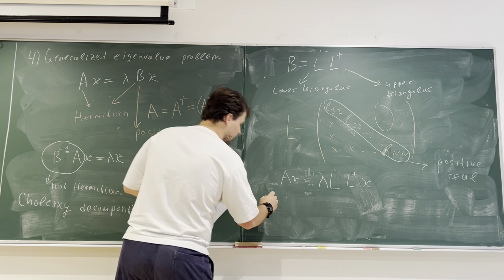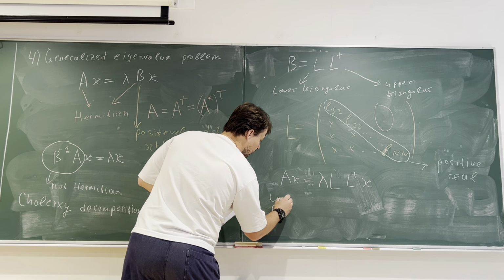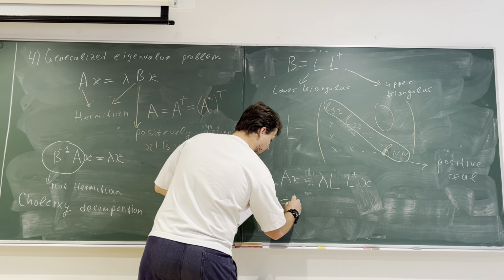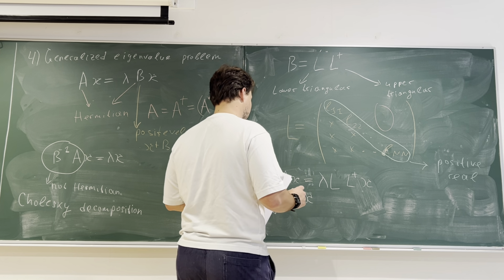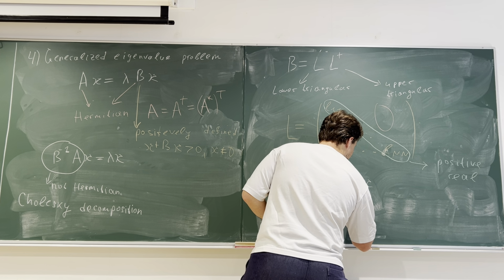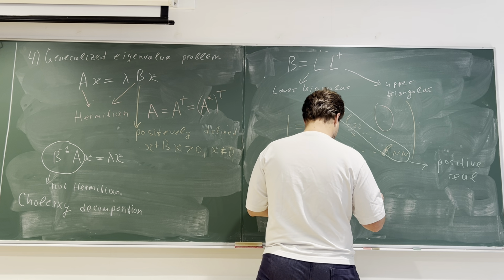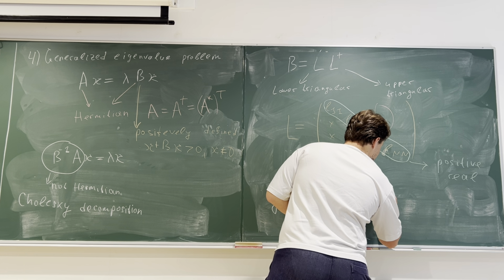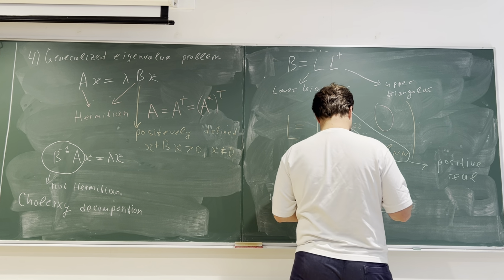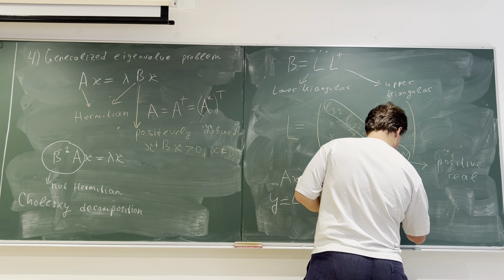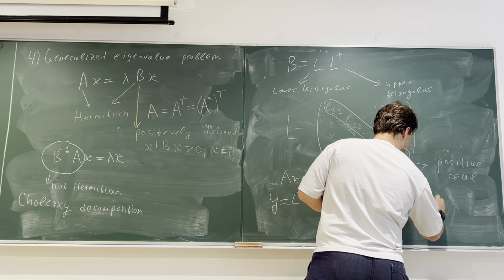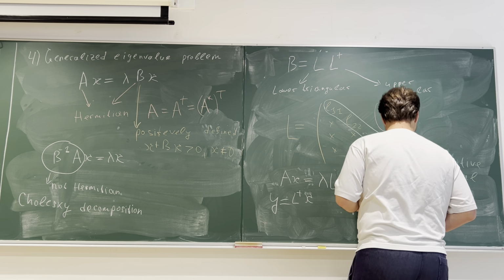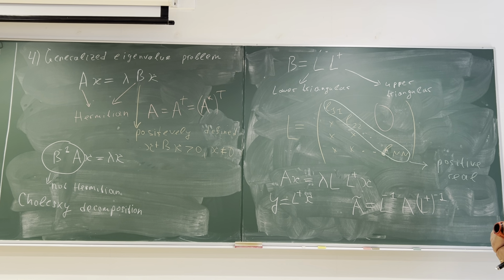Then I introduce a new variable y like this, and a new matrix like this. A direct check shows that this matrix is Hermitian.